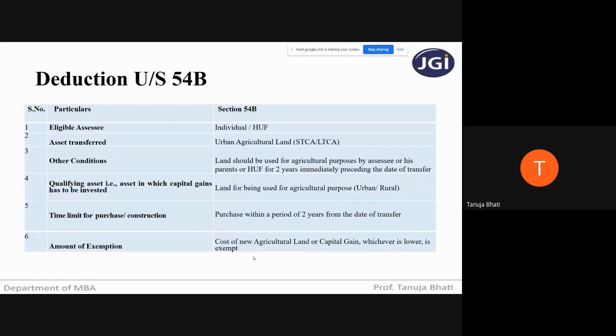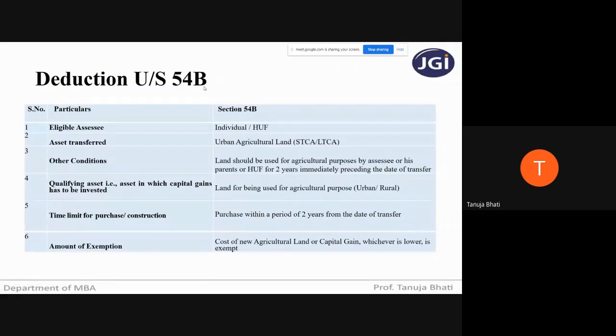Then only he will get a deduction under section 54B. So students, have you all understood this deduction under section 54B? It is available only if the SSC is transferring urban agricultural land and investing in agricultural land which is either urban or rural, but he should invest within a period of 2 years. Did you all understand section 54B?